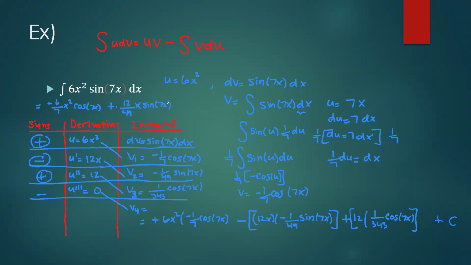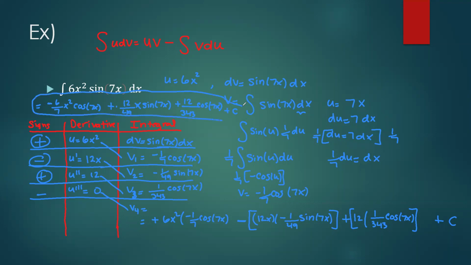And then lastly, the last term is 12 times 1/343 cosine of 7x, which is positive 12 over 343 cosine of 7x, and then don't forget the plus c. Okay, so this is your final answer.